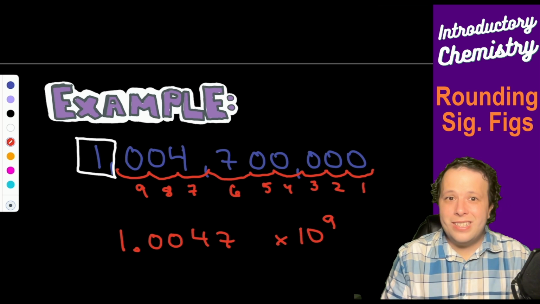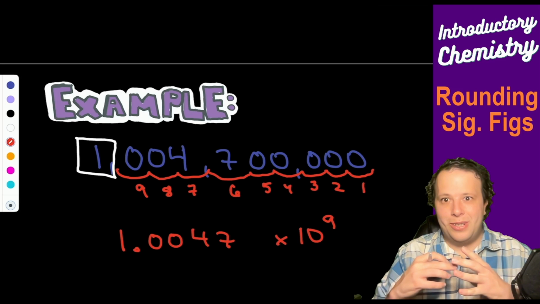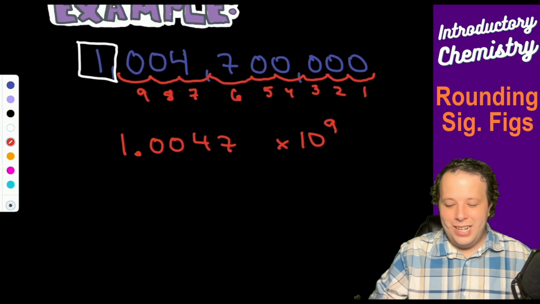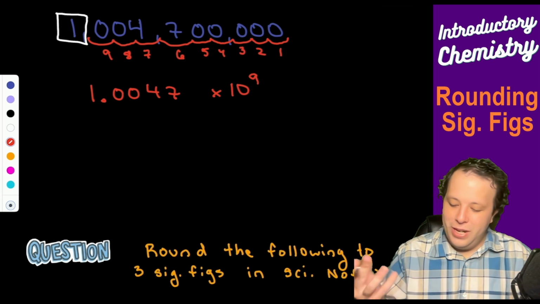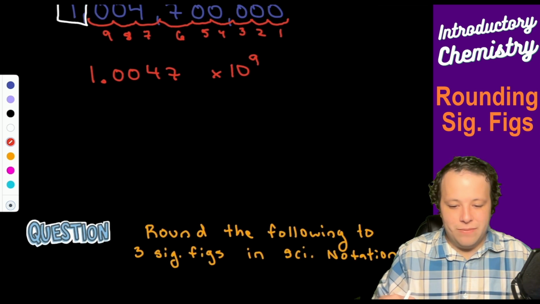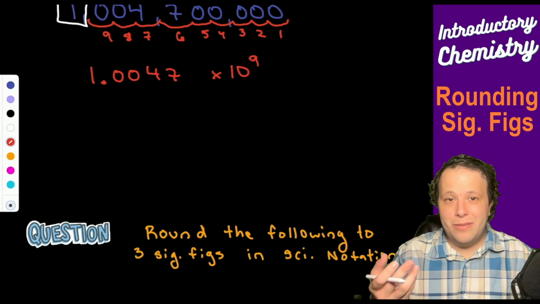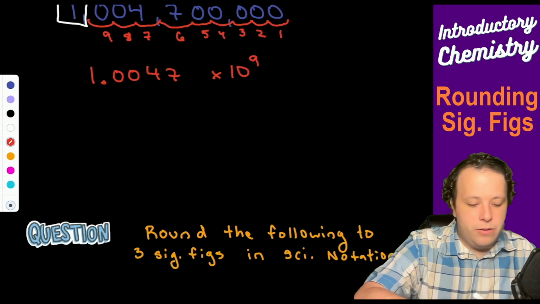So not only does it show only your significant values, but it also makes it a little easier to look at and to work with. If I expanded on this question and asked you to round the following to 3 sig figs in scientific notation, the one that we just did above, how could you do that?